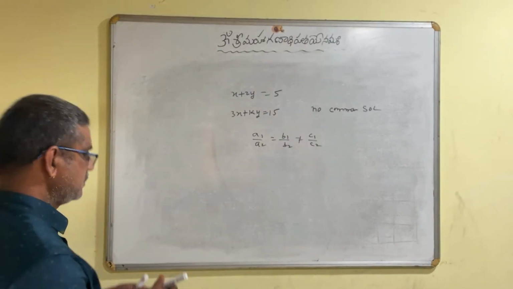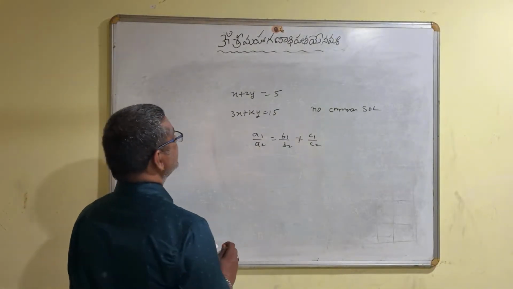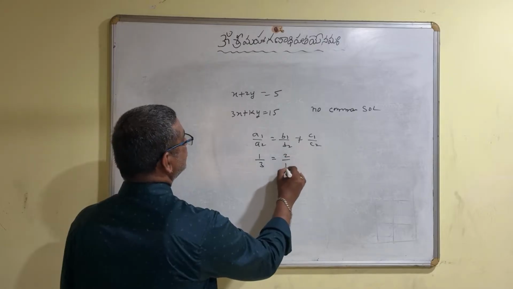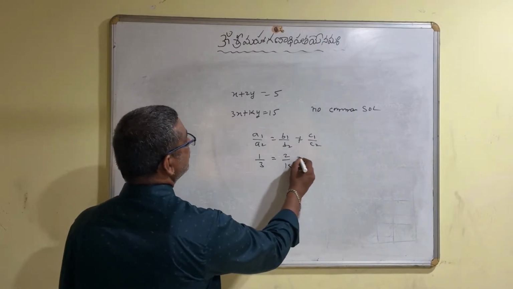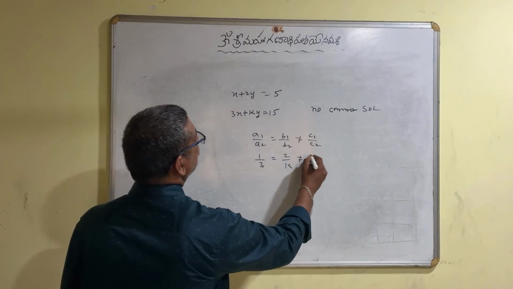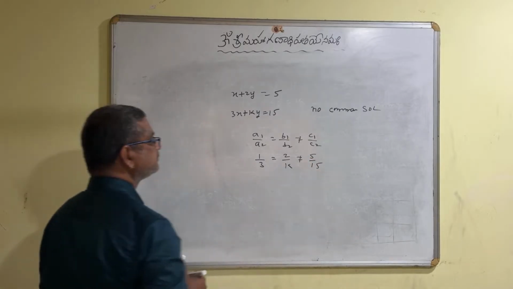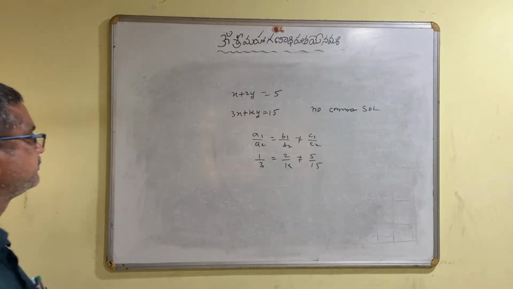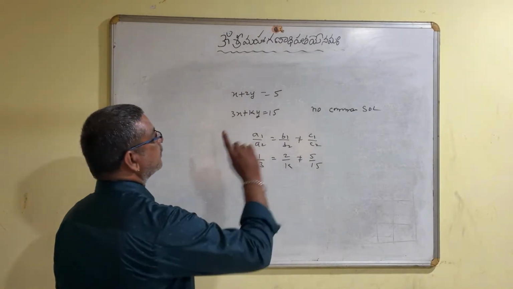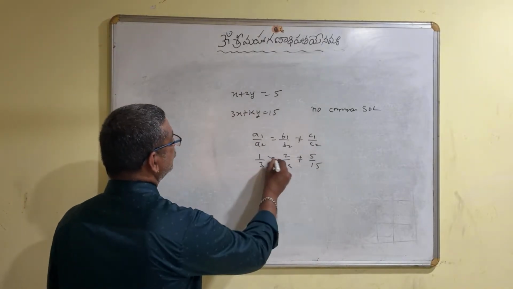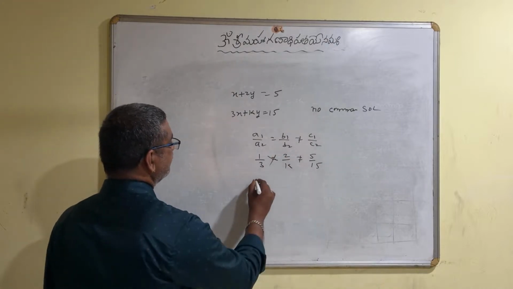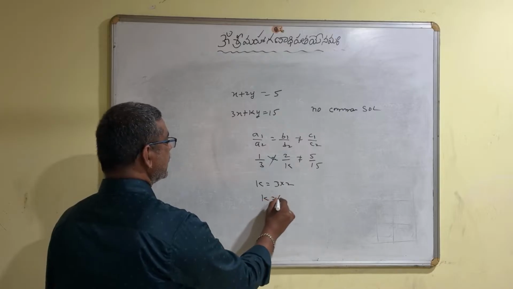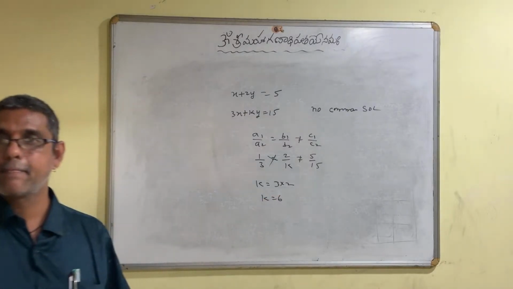Now, write down the ratios. 1 by 3 is equal to 2 by k, not equal to 5 by 15. Okay? Now we need to find out the k value. Do cross multiply. k is equal to 3 into 2, k is 6.